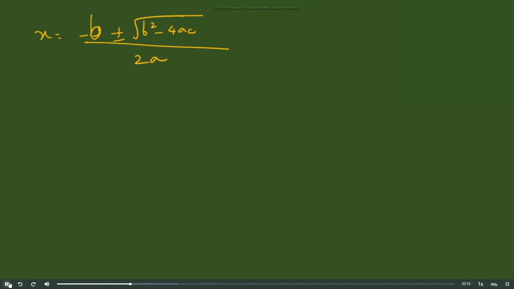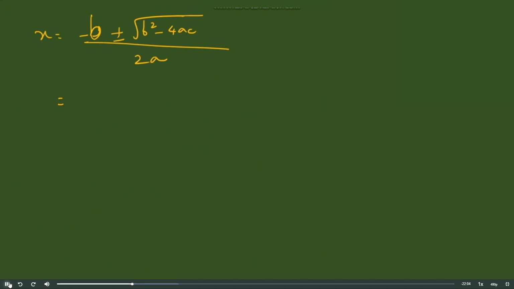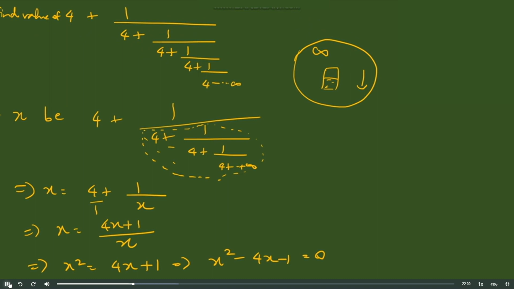Now the solution for the root is minus b plus or minus square root of b square minus 4ac by 2a. The equation is x square minus 4x minus 1 equals 0.